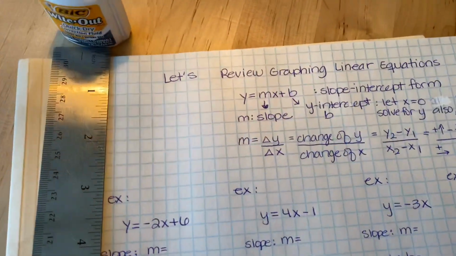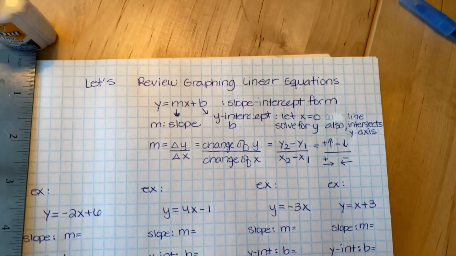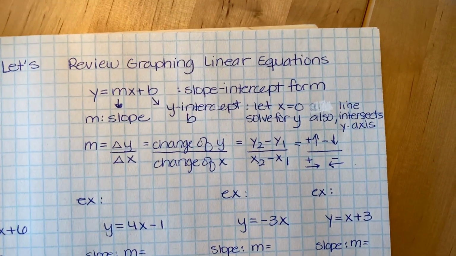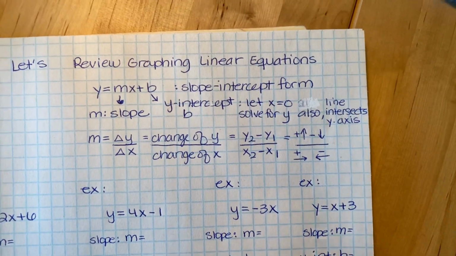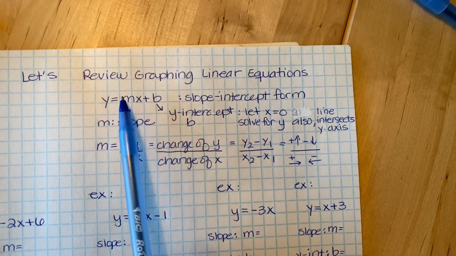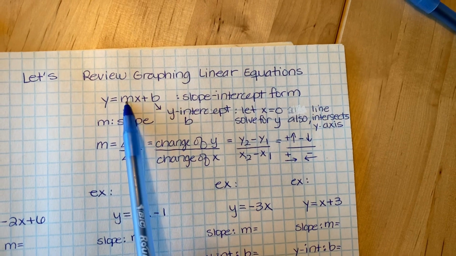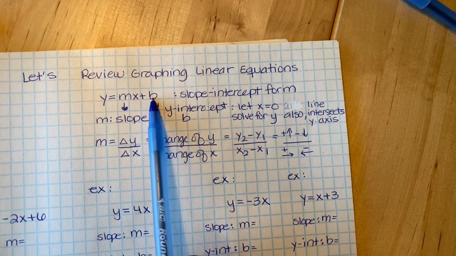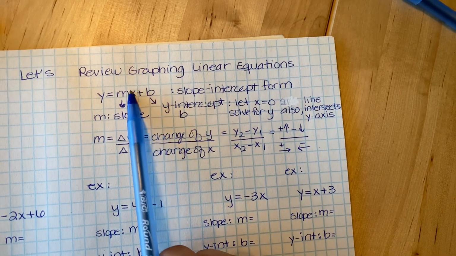Okay, we are going to review graphing linear equations. So this is slope-intercept form, y equals mx plus b, right? B is a number: fraction, decimal, integer.